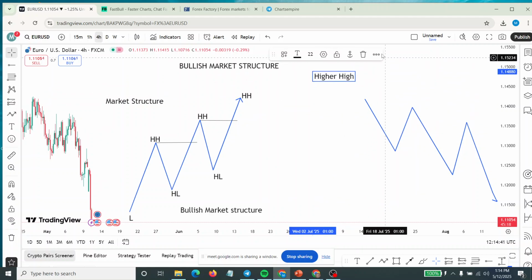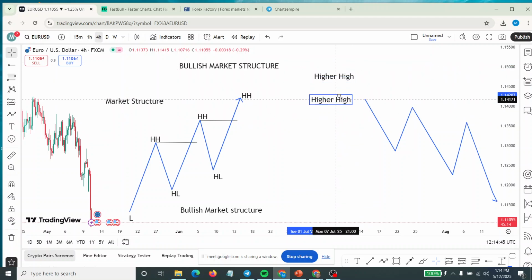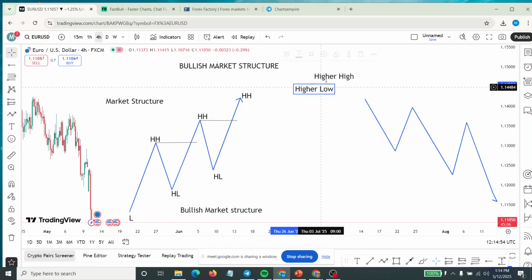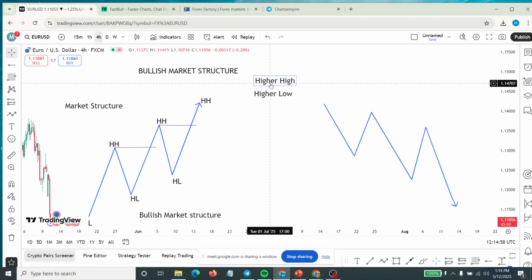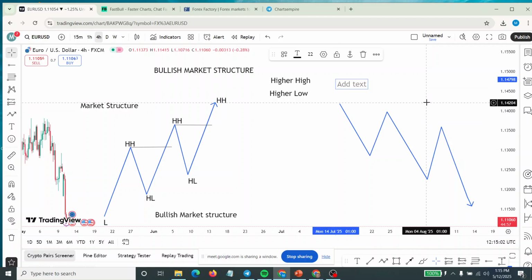And higher low. So in this scenario, with these two insights, we have to understand that for us to have a higher high, it has to be an impulsive move.